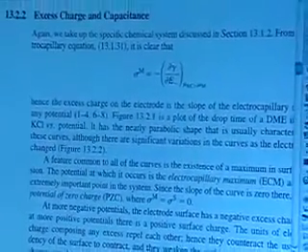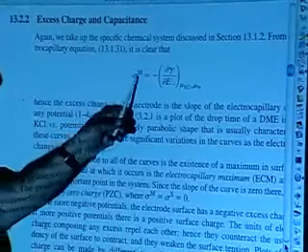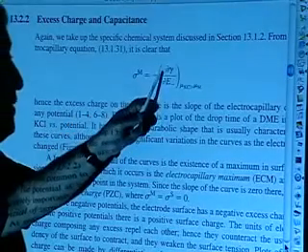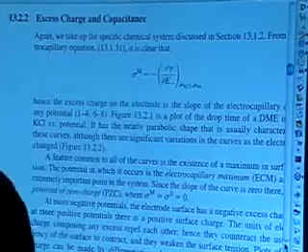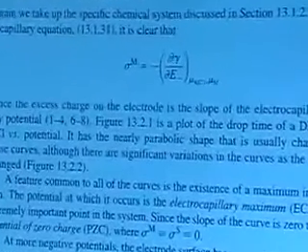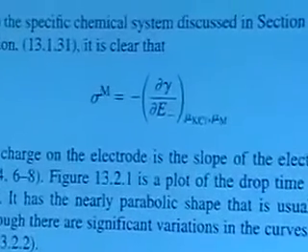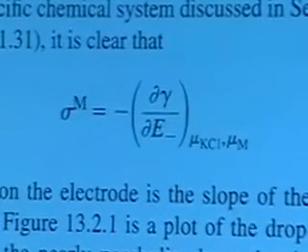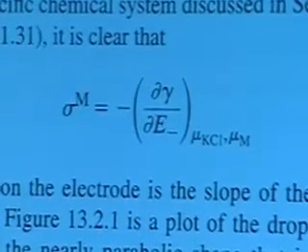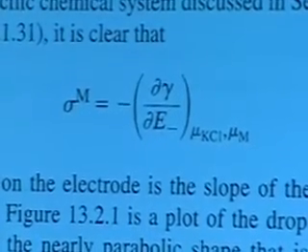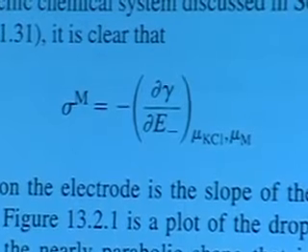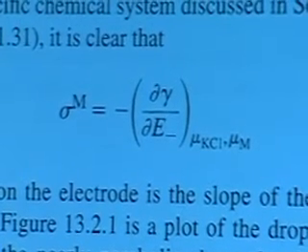So the charge density, we know, is the derivative of the surface tension with respect to the electrode potential, if we've held all the other species in the solution constant, right? Because just look at that last equation that I showed you. It had all those other terms as derivatives. If I held those things constant, those derivatives go to 0.